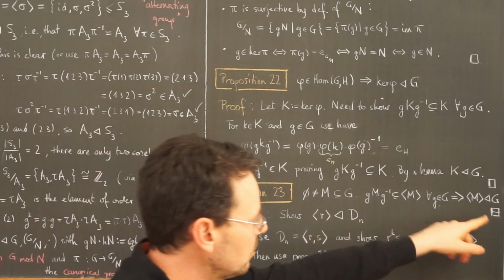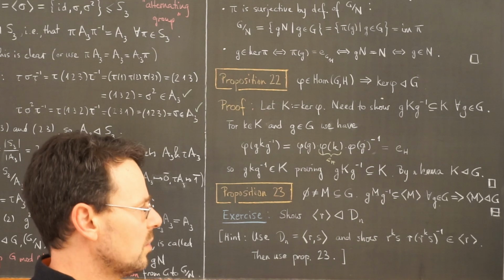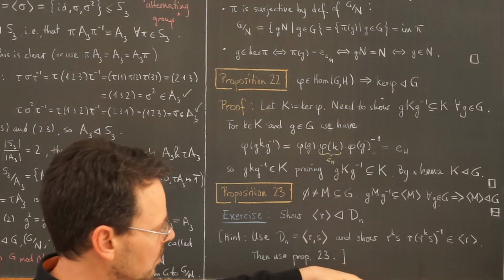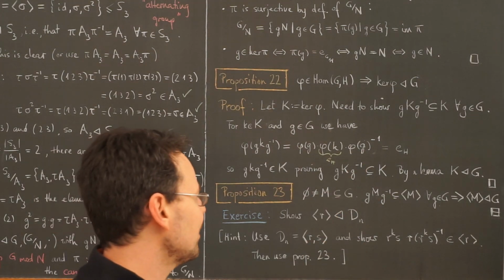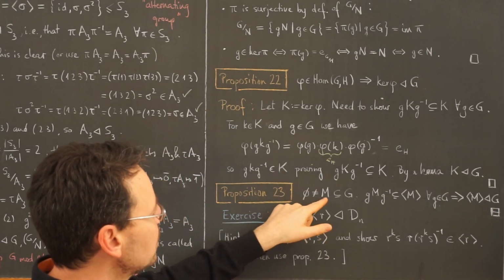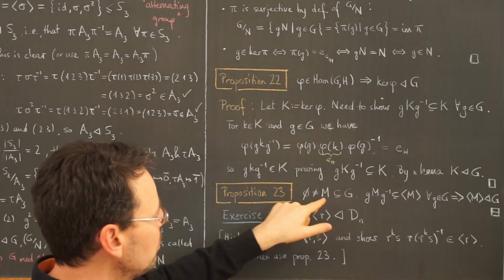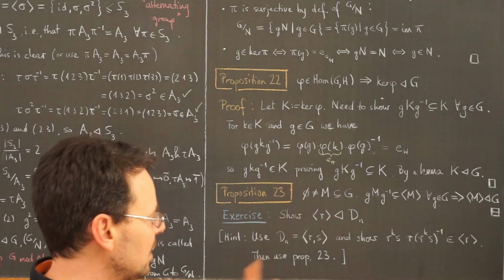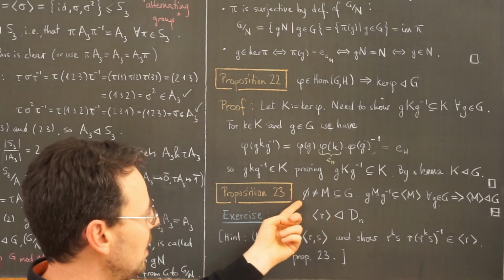We will not go into the details of the proof. It's not hard, but a bit technical, and my blackboard ends here. So I'm just going to tell you this as a fact. So I take G as always as a group. I take a subset, not necessarily a subgroup, that is non-empty.